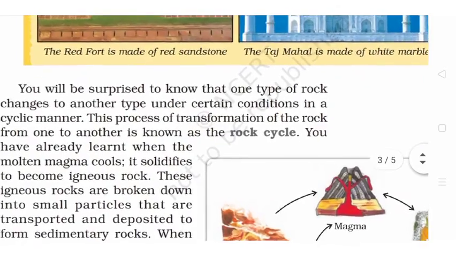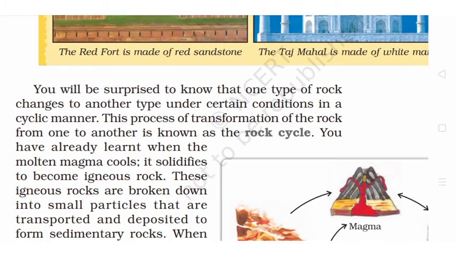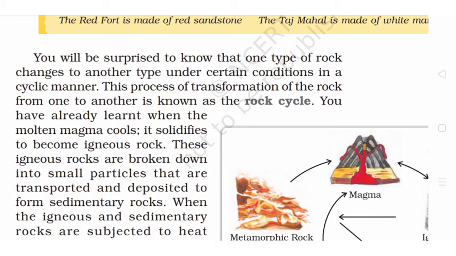Now, you will be surprised to know that one type of rock changes to another type under certain conditions in a cyclic manner. So, take the example of how igneous or sedimentary rock converts into metamorphic rock in a cyclic manner.